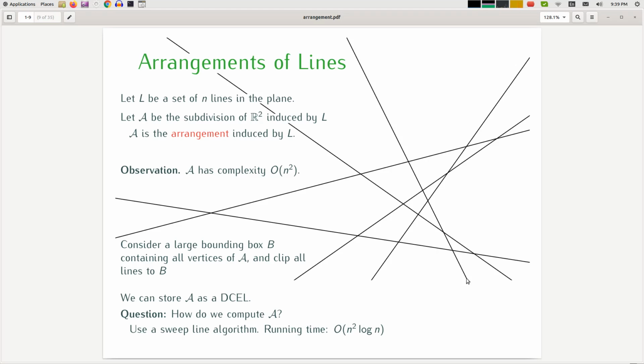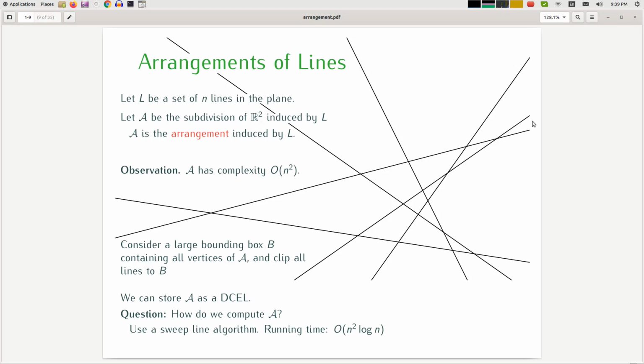One question that you might have is, how do I find the bounding box? Well, that's actually not so difficult, because I could compute all the intersections in advance. I could just run two for loops, for i equals 1 to n, for j equals 1 to i minus 1, and then compute the intersection of the lines i and j, store it in an array, and find the maximum and minimum x and y coordinates of all the intersection points.